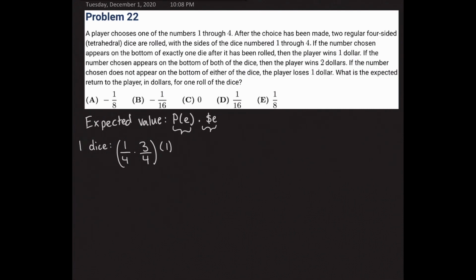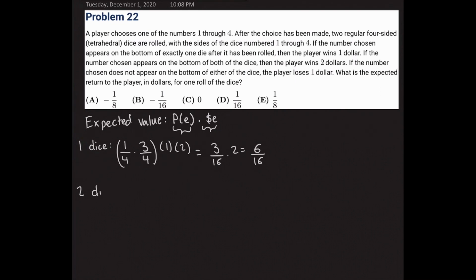But then we also have to note that this can happen in two different ways, because it could be the first roll or it could be the second roll. So times 2. Now this is equal to 3 over 16 times 2, which is equal to 6 over 16.